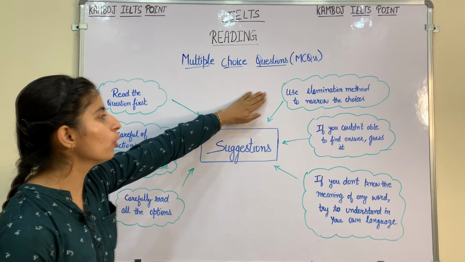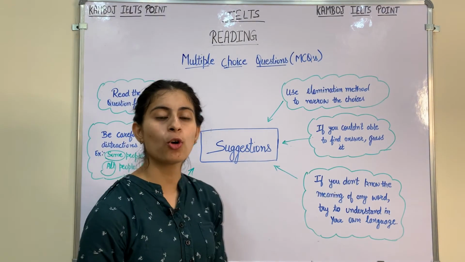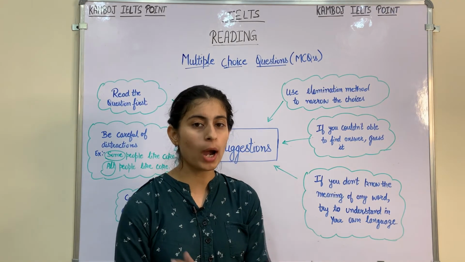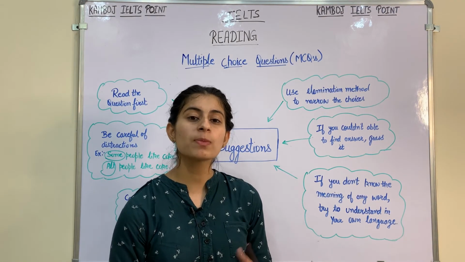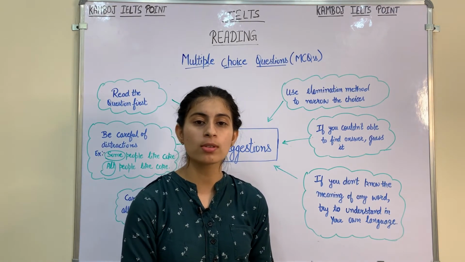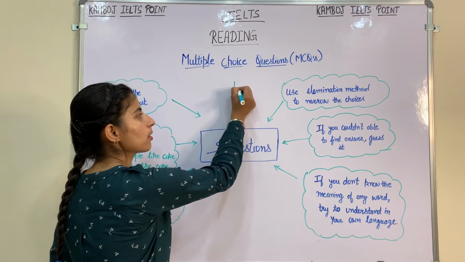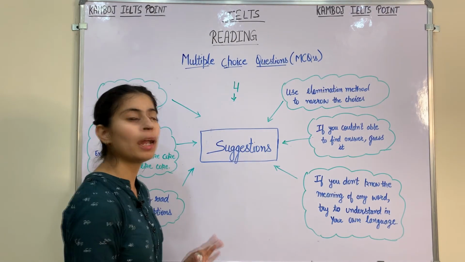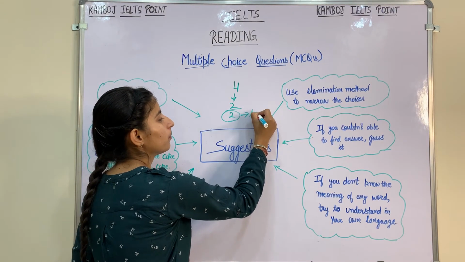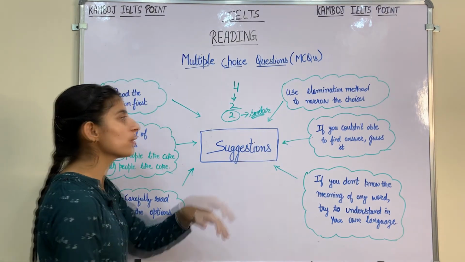The next one is use the elimination method to narrow the choices. Mainly we have 3 or 4 options in MCQ types of questions. In those types of questions, it's quite difficult to find the correct answer because mainly 2 options are almost similar and it's quite hard to eliminate those. So use the elimination method. If you have 4 options, then it's sure that you will eliminate 2 from that, and 2 might be similar, 2 options might be different.